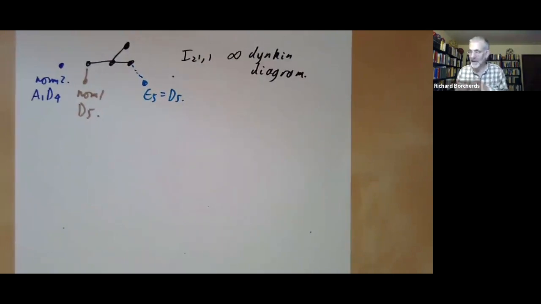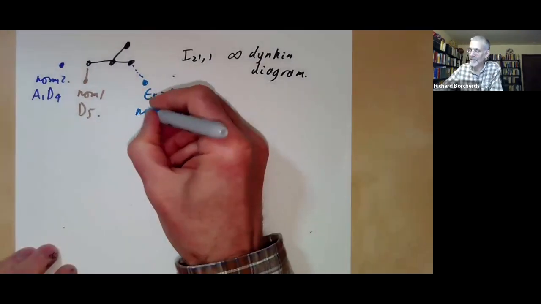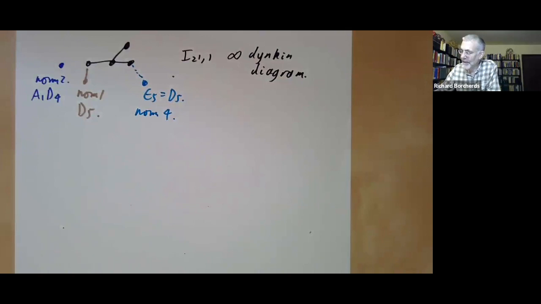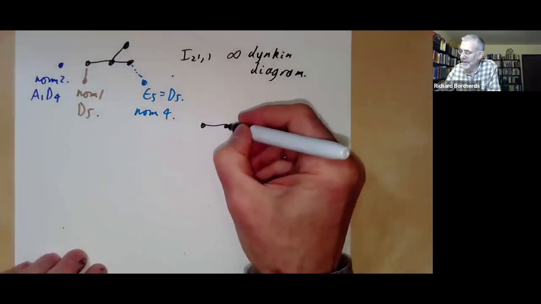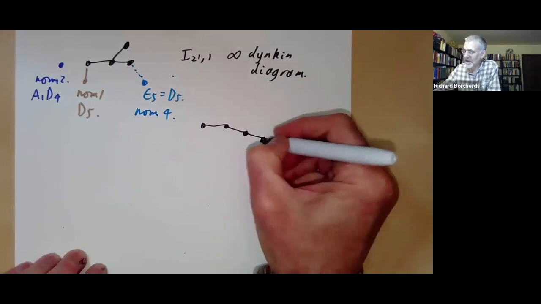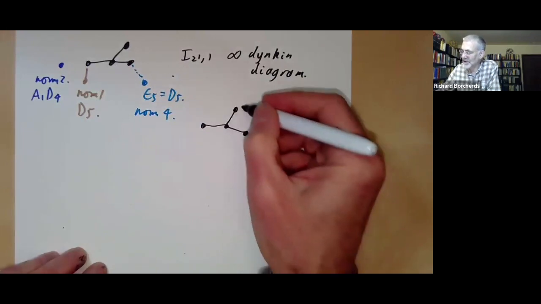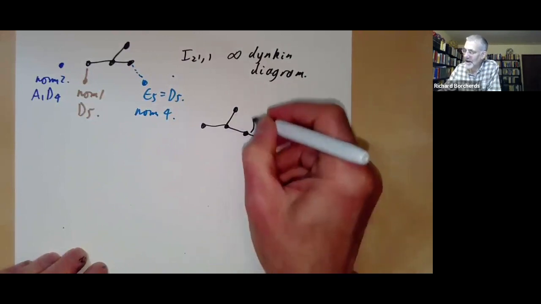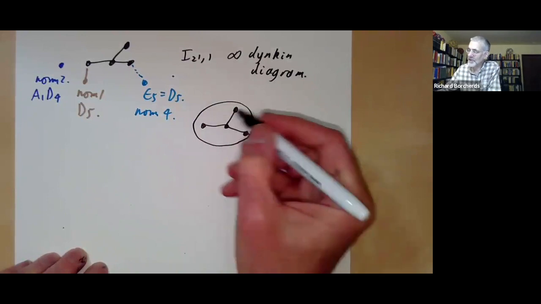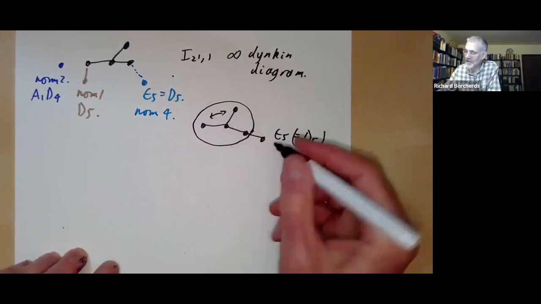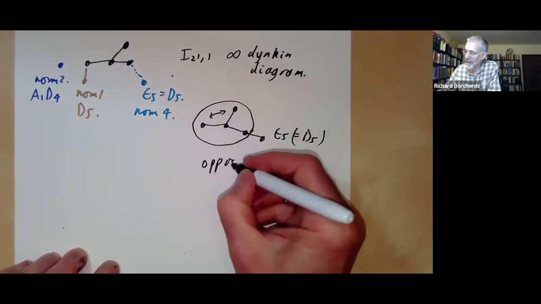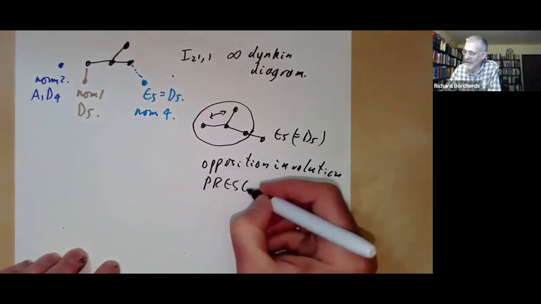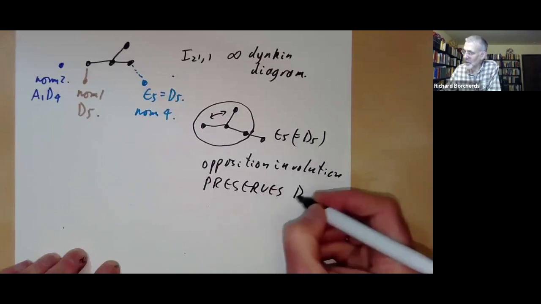Now, the problem is this gives us a norm 4 vector. And the problem is, if we now look at this, here we've got E5, which is just D5, and here we've got the D4 in it, and E5 has an opposition involution, but you see that this opposition involution preserves the D4.